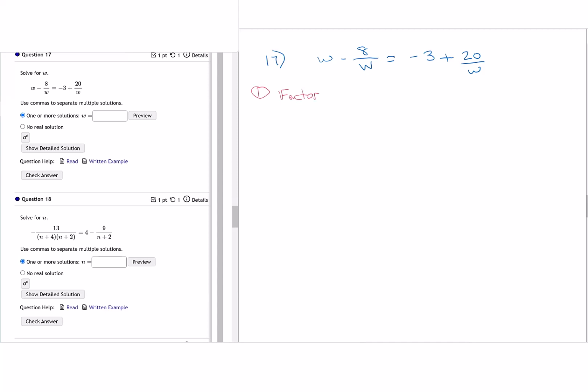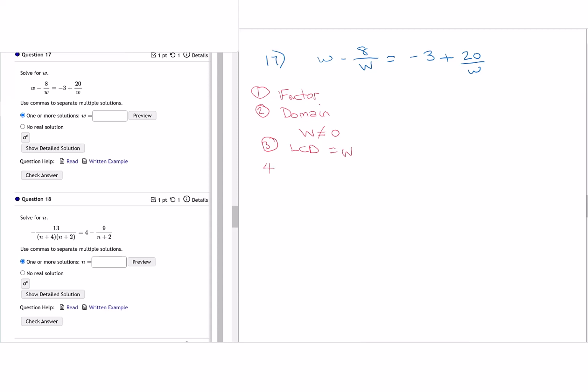Nothing to factor. Number 2, domain. W is not equal to 0. That's the only thing I have to worry about, is that W can't equal 0 because that's in my denominator. Number 3, LCD. The least common denominator would be W.